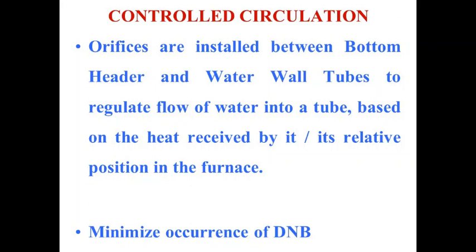So to maintain and control uniform heat transfer across all the water wall tubes, we have an orifice fitted at each tube inlet, and through that we maintain uniform velocity of the water-steam mixture across all the water wall tubes, so that heat transfer is maintained and regulated with the circulation ratio, and there is no departure from nucleate boiling.